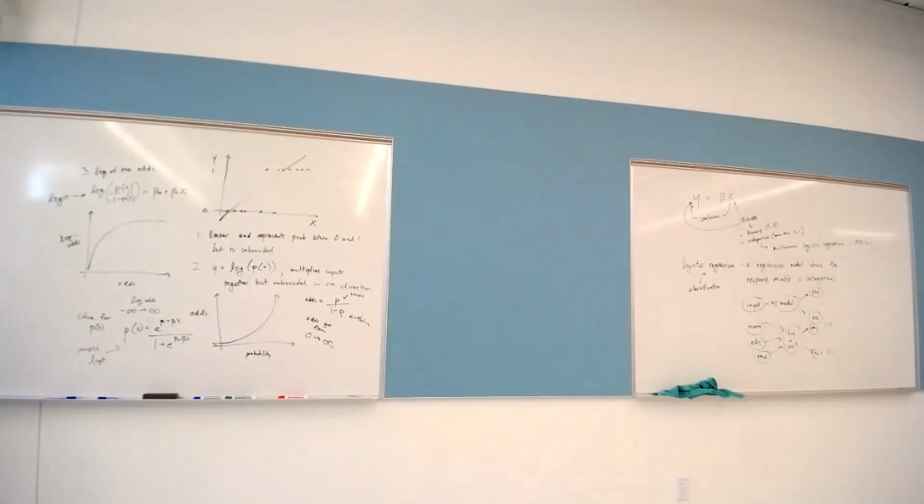So yeah, it's a little bit more complicated. We will get to multinomial in a little bit. But right now, let's just stick to 0 and 1. Okay, any other questions about this?